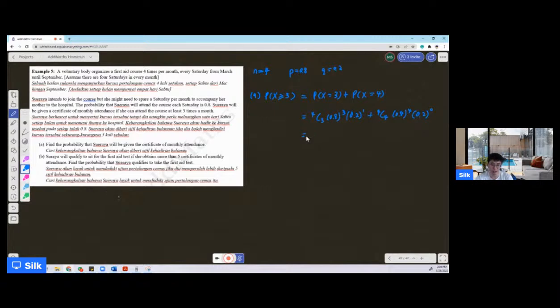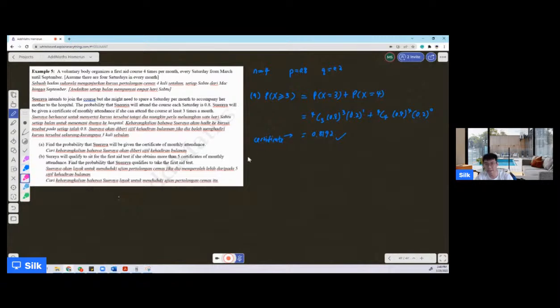So I just press the calculator, and I'm getting 0.8192. You join at least 3 times, how much probability will you get? 0.8192, I will get a certificate. This is the probability of getting a certificate.